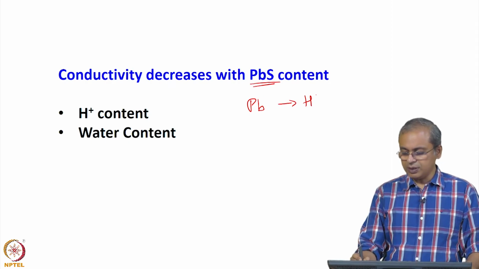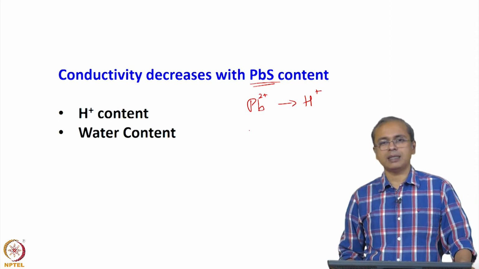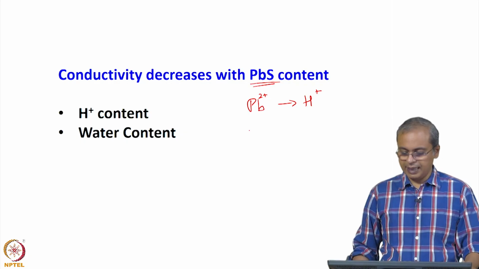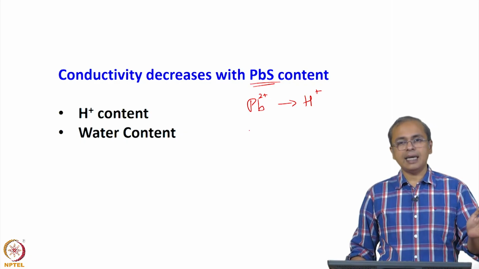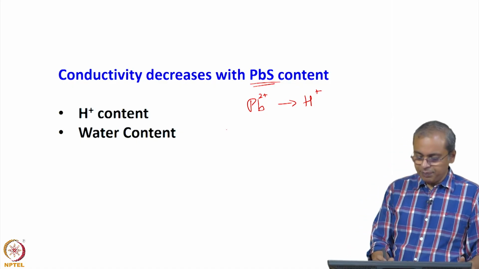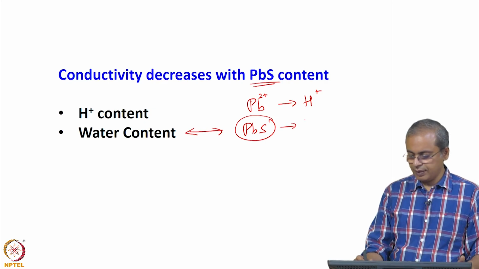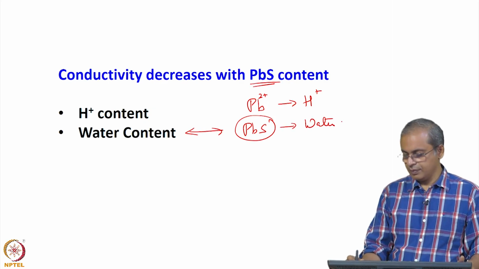So, this H plus ion is being replaced by the lead ions that are coming in, and therefore you are losing some protons from the system. Additionally, due to the presence of PbS, which occupies some space, water is also partially removed.